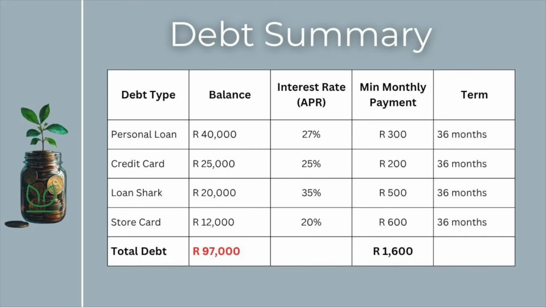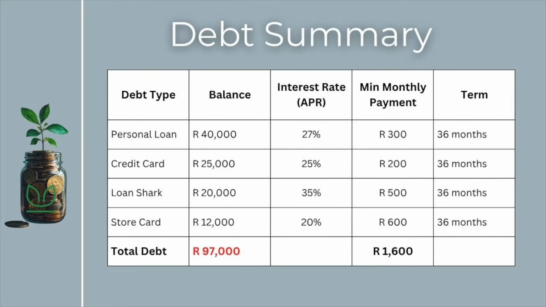As an example, in this table we have an example of somebody who has these 4 different types of debt. They have a personal loan which has a balance of 40,000 with an interest rate of 27% and a minimum payment of 300 rands with a term of 36 months. Then we have a credit card where they are owing a balance of 25,000 at 25% and they make a minimum payment of 200 with the same term of 36 months.